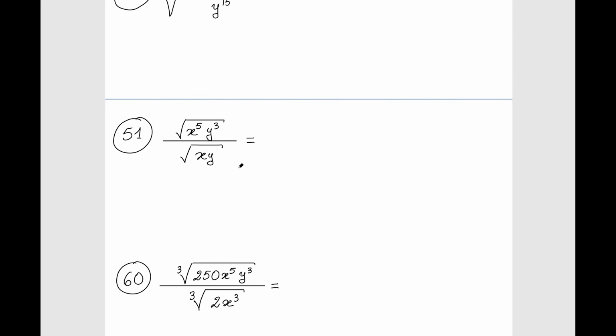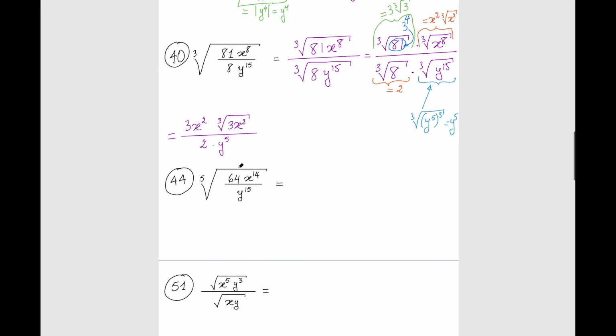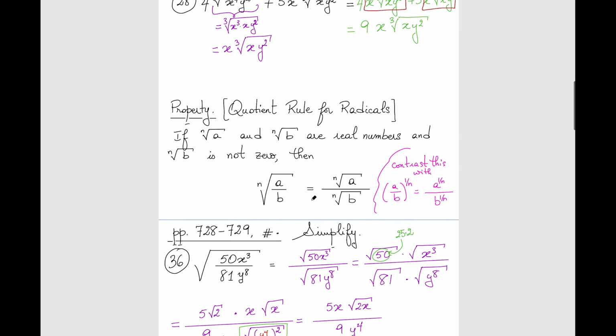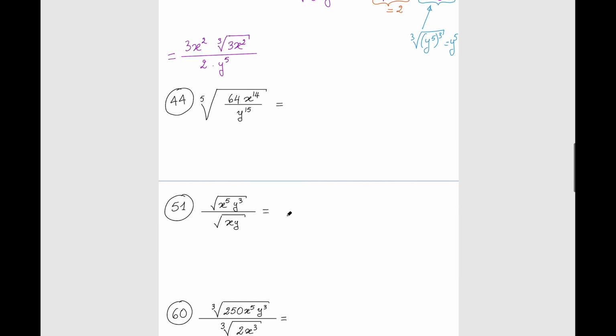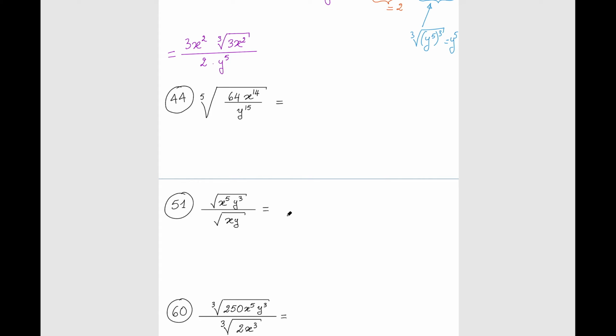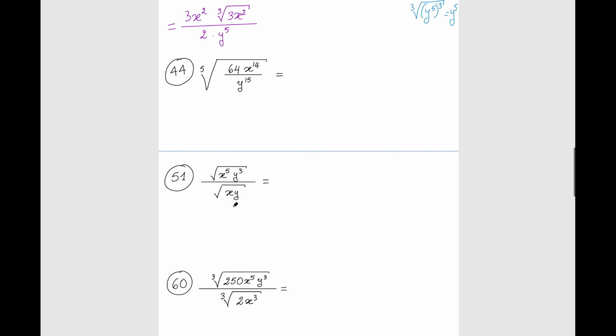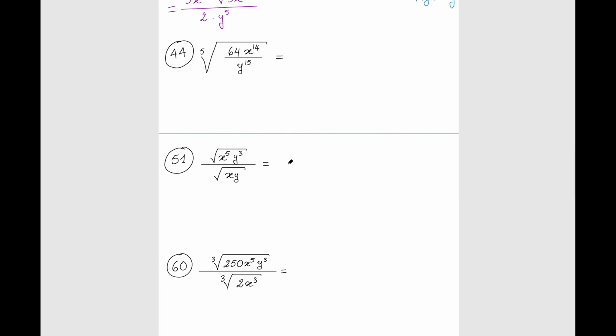Let's do 51. Well, now we're going to use the quotient rule, this one, from right to left. We're given this side, and we're going to try to go from this side to this side in some sense. The question in 51 is still simplify. Okay, so divide and simplify.